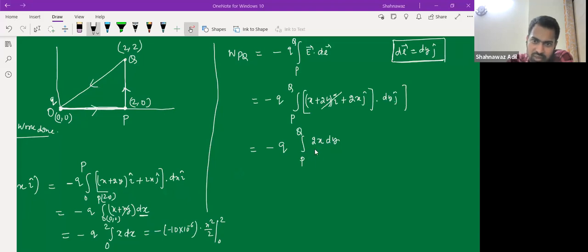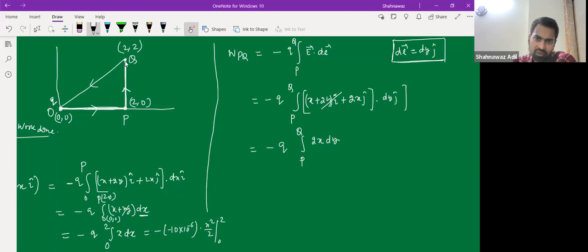Yes, guys, is x varying or not? X is fixed, right?